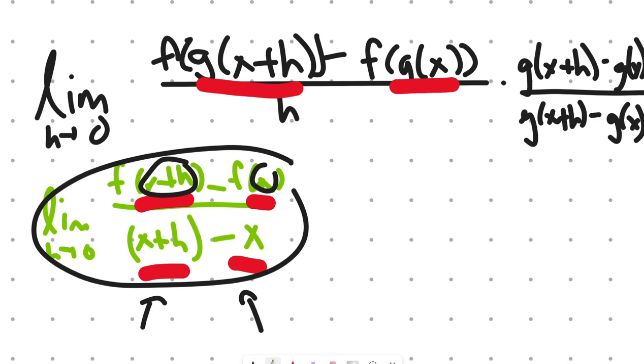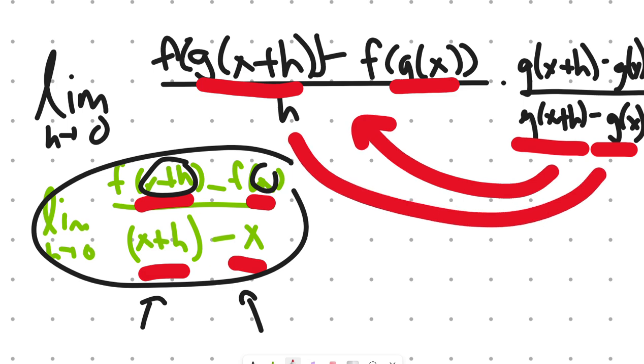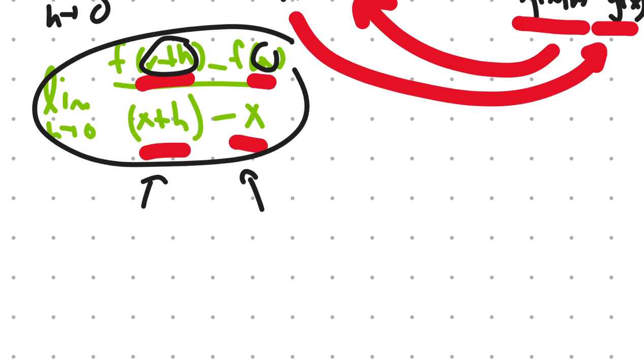And where do we find it? We find it over here: g of x plus h and g of x. So I'm just going to put this over here and the h over here, such that we have an expression like this.